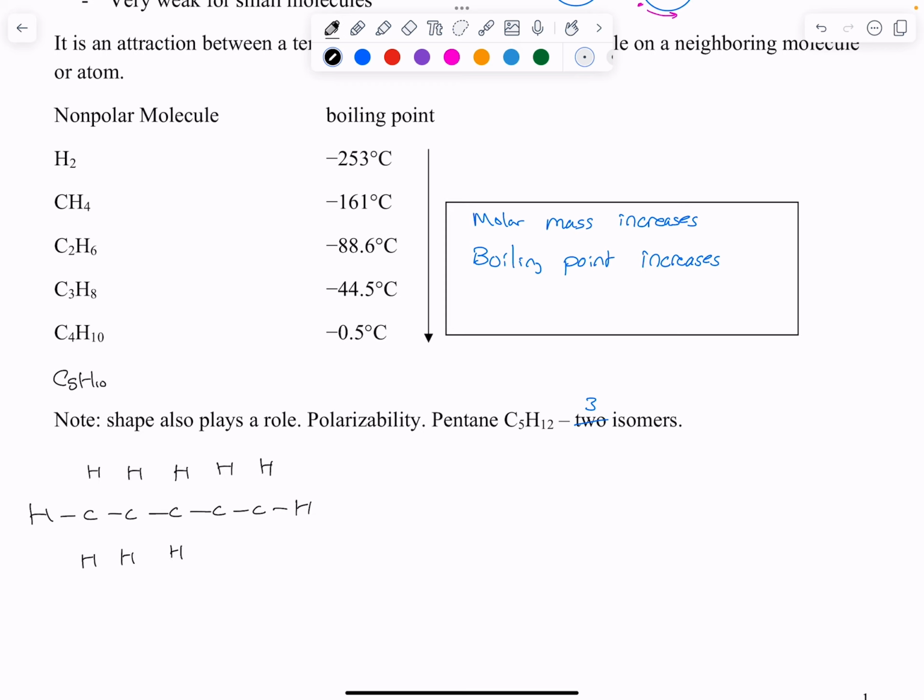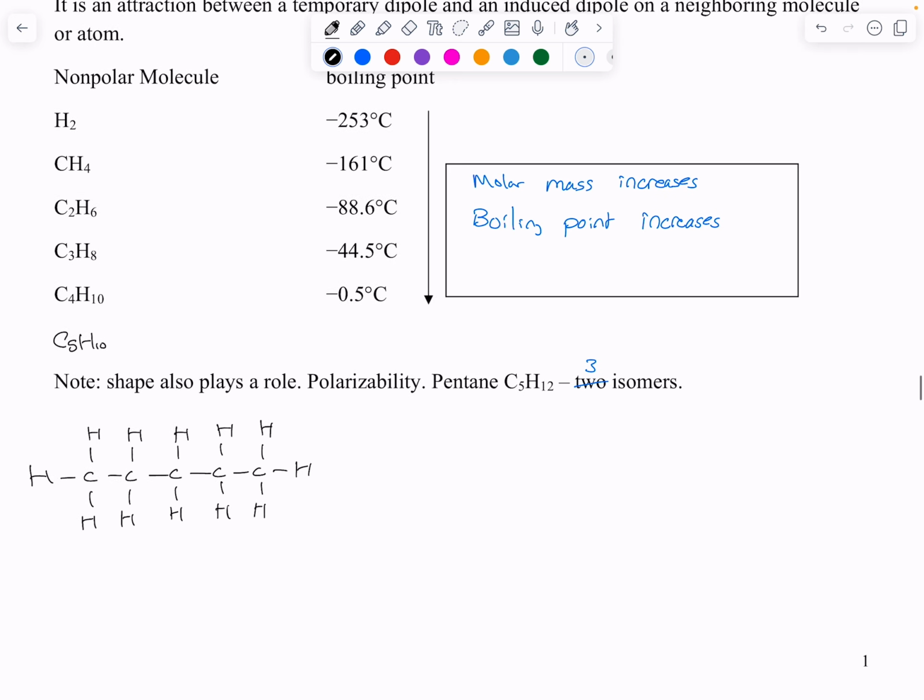That is your pentane. That's what it looks like. A lot of times they call it n-pentane for normal pentane. The boiling point of this is 36 degrees Celsius.